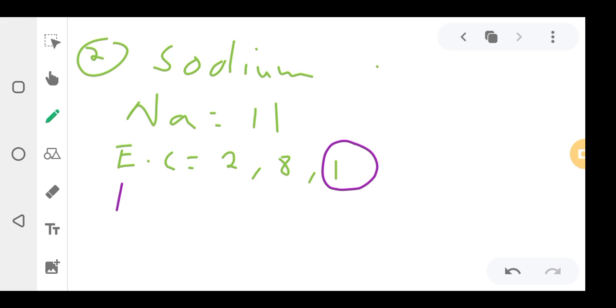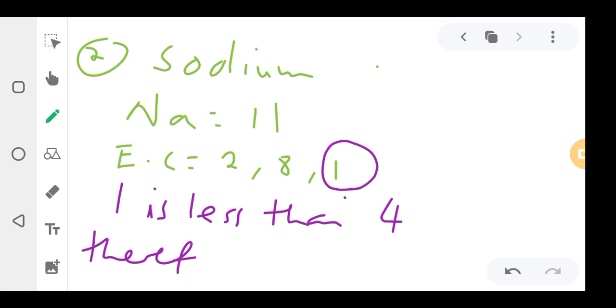So 1 is less than 4. Once the last number is less than 4, meaning it's a metal. If it is 1 at the end here, if it is 2, if it is 3. But if the last number is 4, meaning it's neither a metal nor a non-metal, it's just in the middle. So 1 is less than 4.